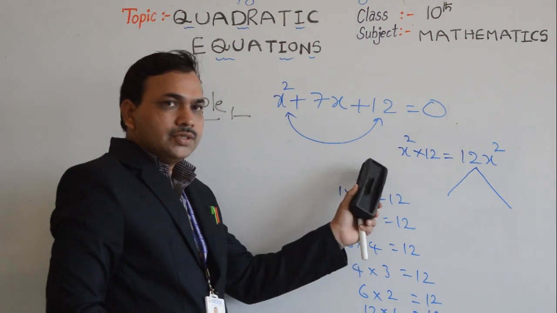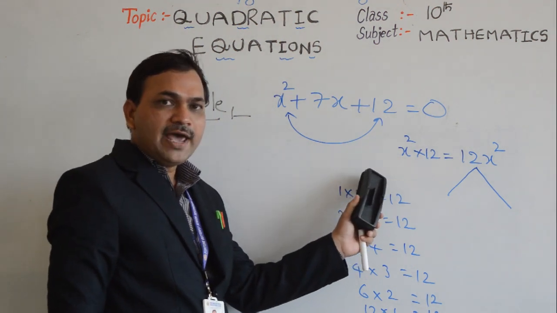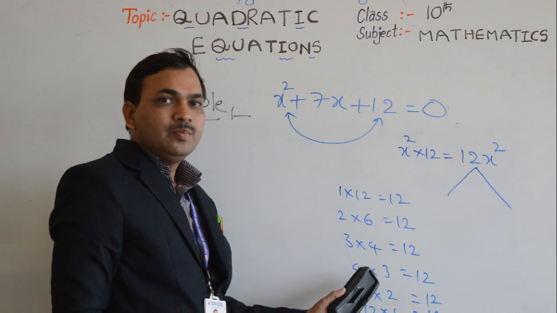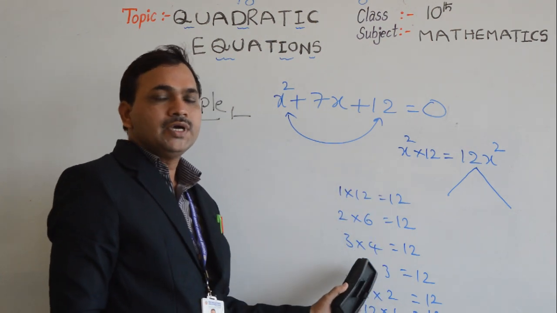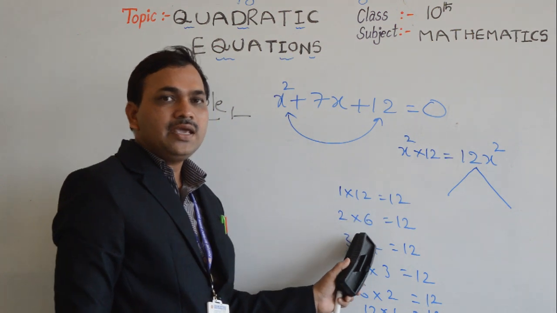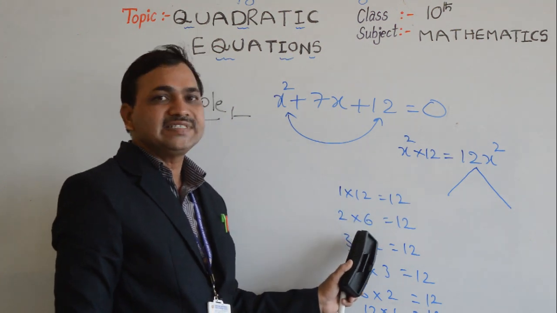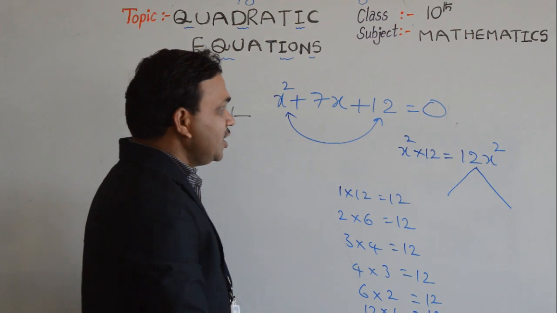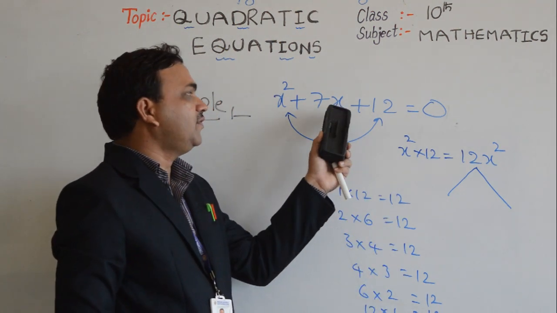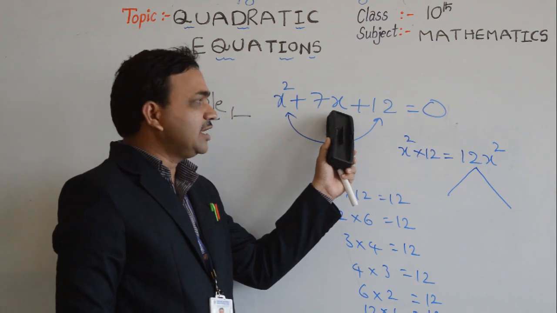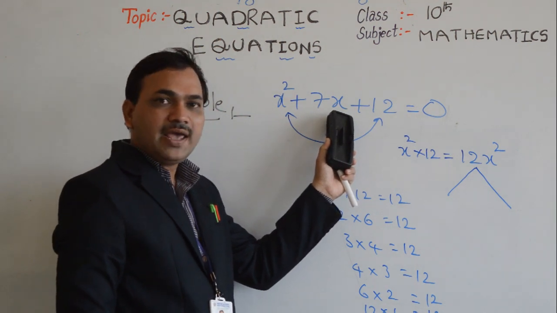So here, so many factors are possible, but we don't want this type of factors. You have to select any one pair of those numbers. So what is the condition? What numbers are taken? The two numbers adding after will get the middle term. What is the middle term? 7x.